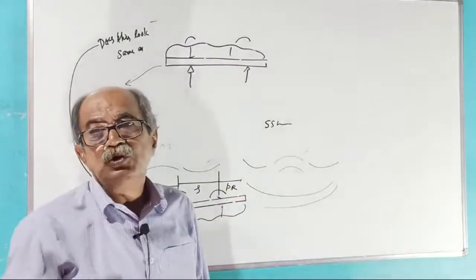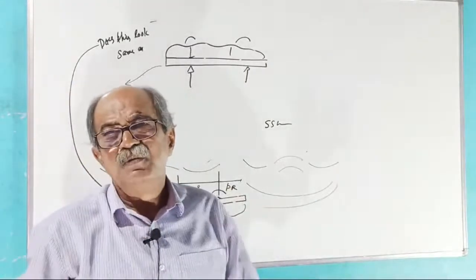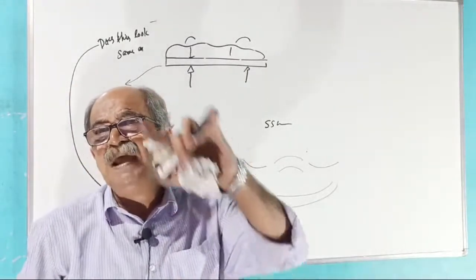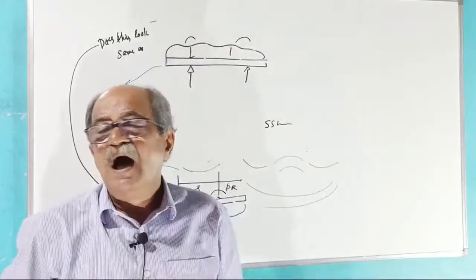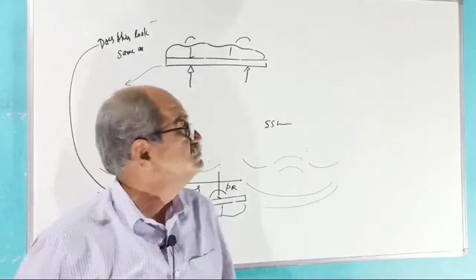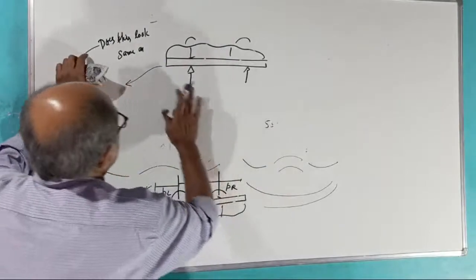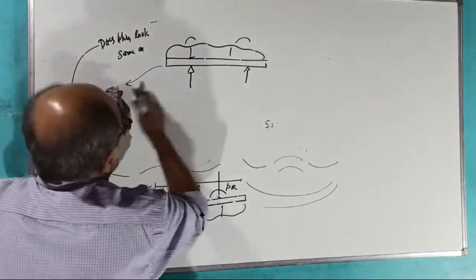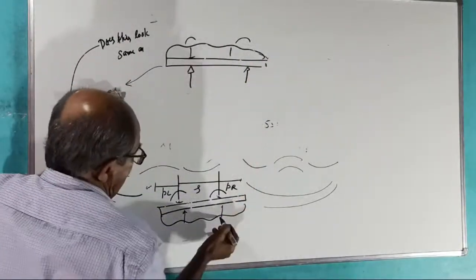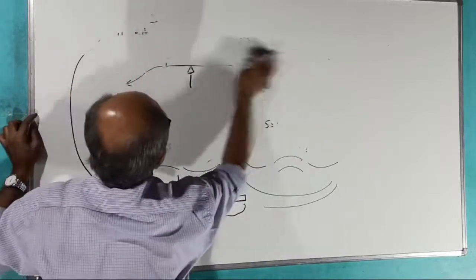Now, those who are, remember, in the SFD BSK class, I talked about this one. I told them, see, now, forget about it, this is not UDL, it is random. Now, make a note.